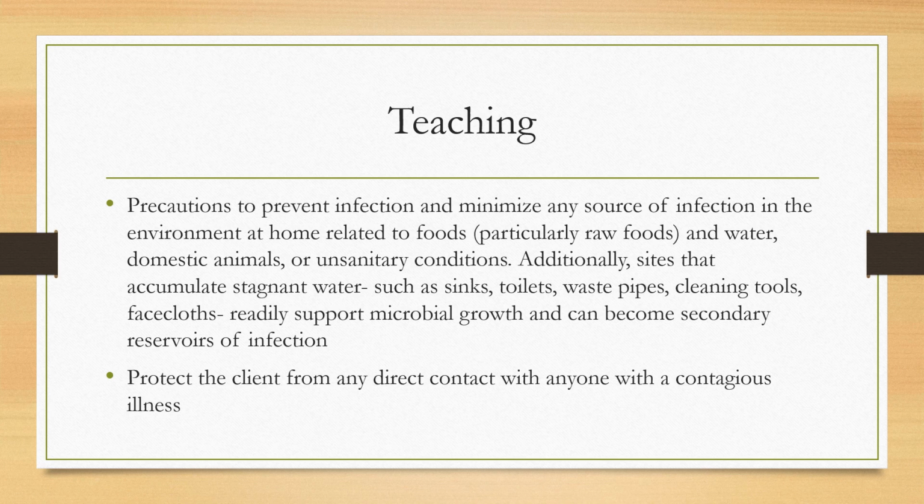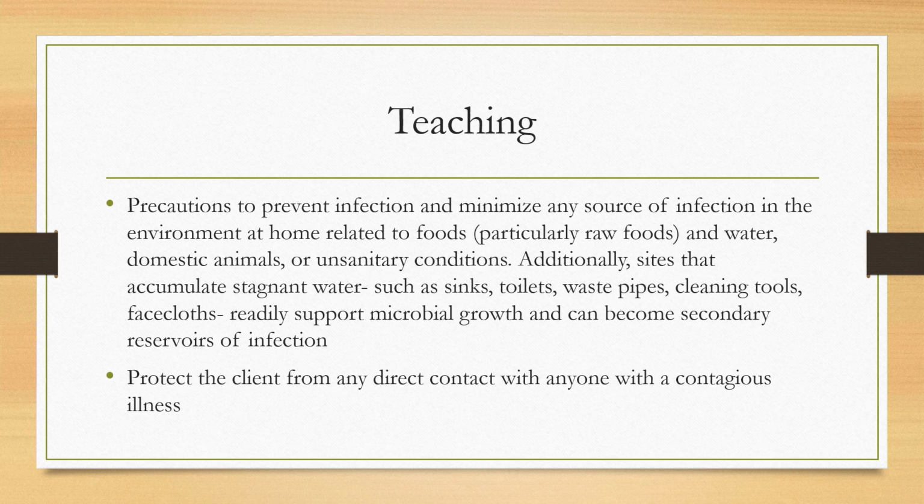Domestic animals, many people have a sensitivity to animal dander. Or unsanitary conditions. Where are they living? What are the conditions in the home? Additionally, sites that accumulate stagnant water, such as sinks, toilets, waste pipes, cleaning tools, face cloths, readily support microbial growth and can become secondary reservoirs of infection.